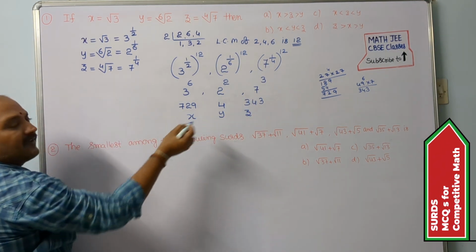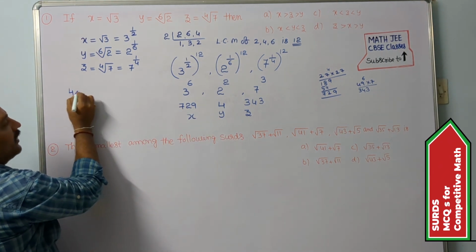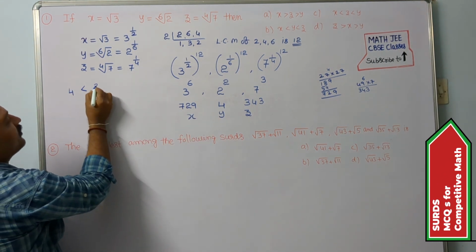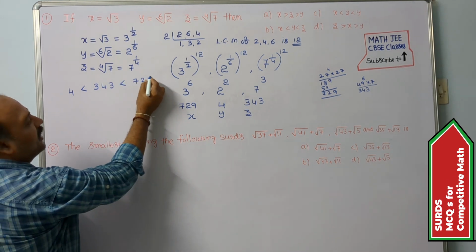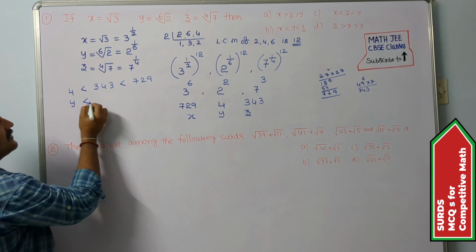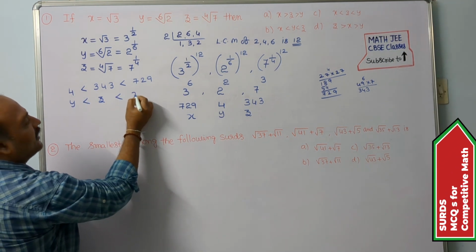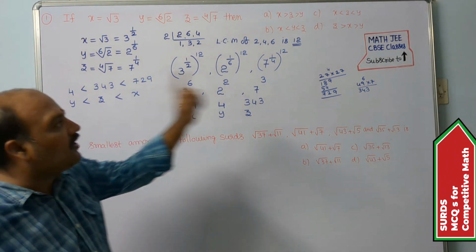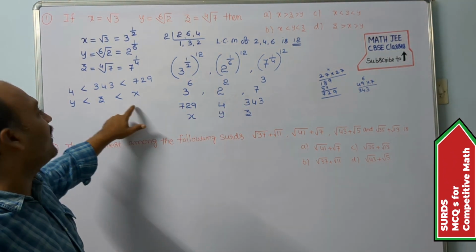So by observing these values, 4 is less than 343 is less than 729. Am I right? So y is less than z is less than x. First you verify whether it is there or not.